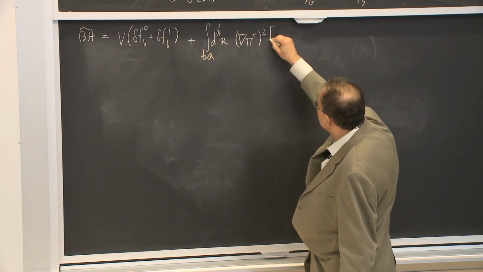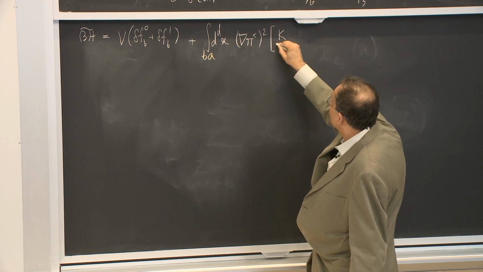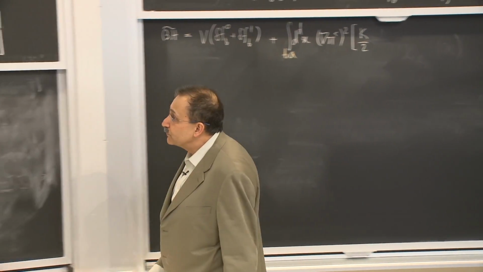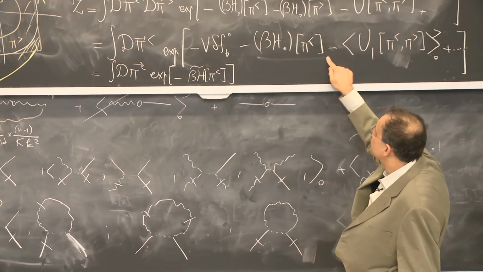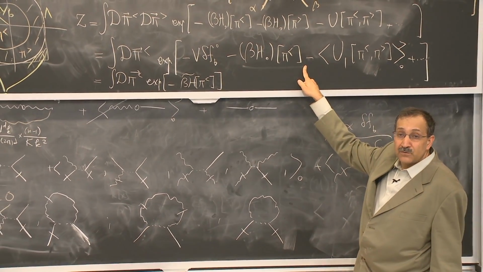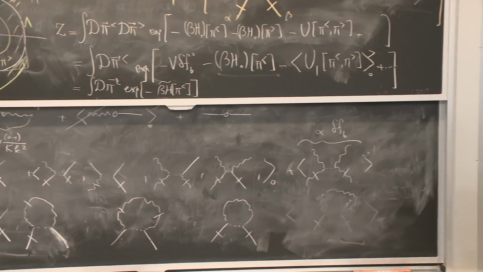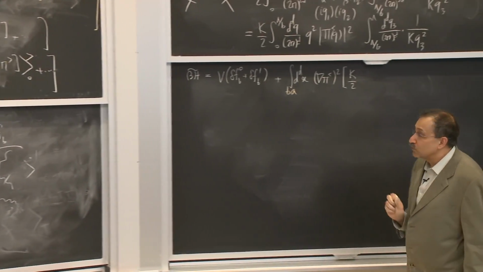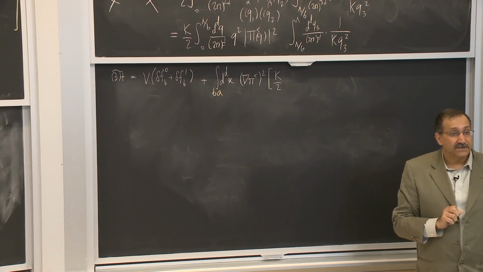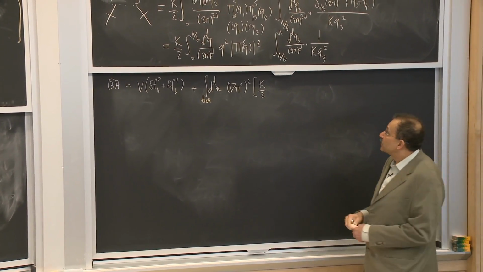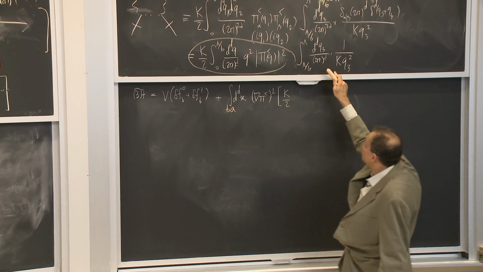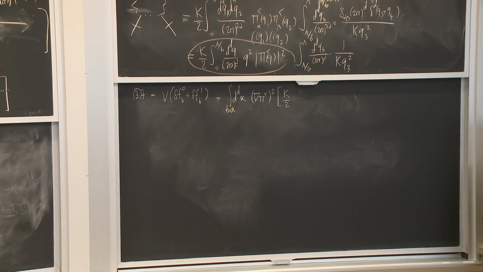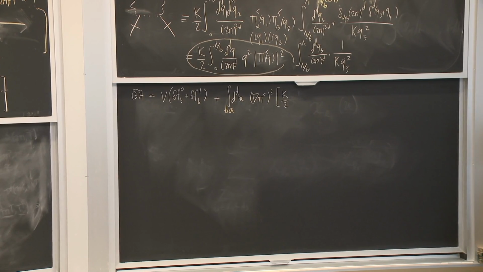And what is the coefficient? I had k over 2, which comes from here. If I don't do anything, I just have the 0th order modes acting on these. But I just calculated a correction to that. That is something like this. Right?